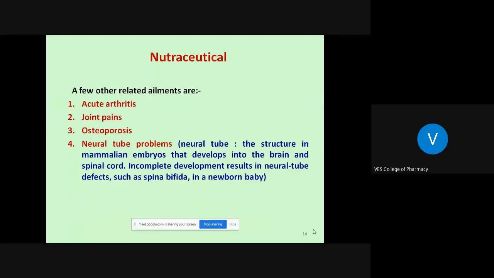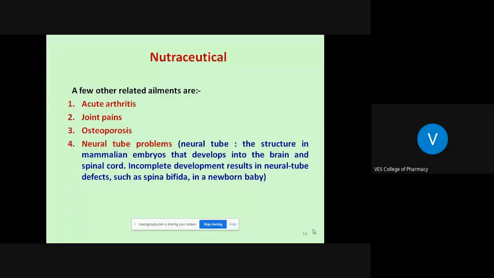Now, what exactly is a neural tube? The neural tube is the structure in the mammalian embryo. When the infant is small, this neural tube further develops into the brain and spinal cord.